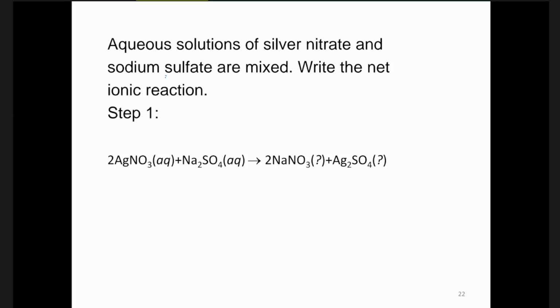So the product will be sodium nitrate. And when you exchange the sodium with the silver, you will have the product silver sulfate. So now, important, you need to look at the second step, which one is insoluble.